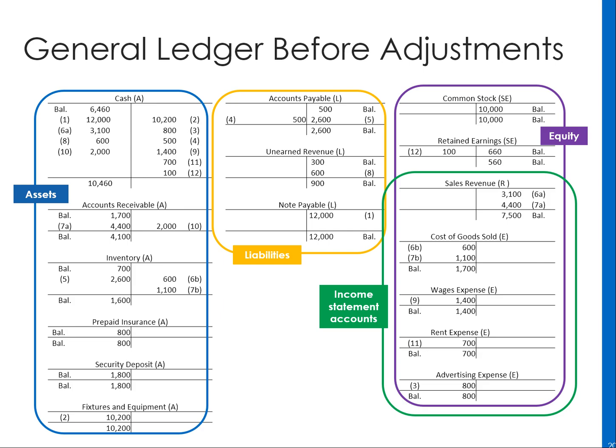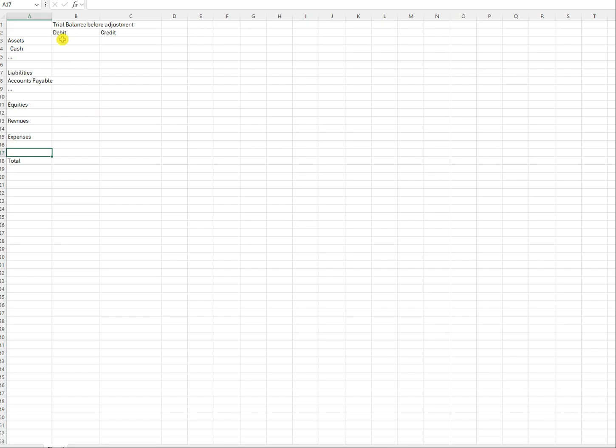All right, so let me post numbers to the trial balance. Cash has an ending balance of 10,460. So I'm going to post that into the debit column because cash has a debit ending balance. I'm going to do the rest for all the asset accounts.